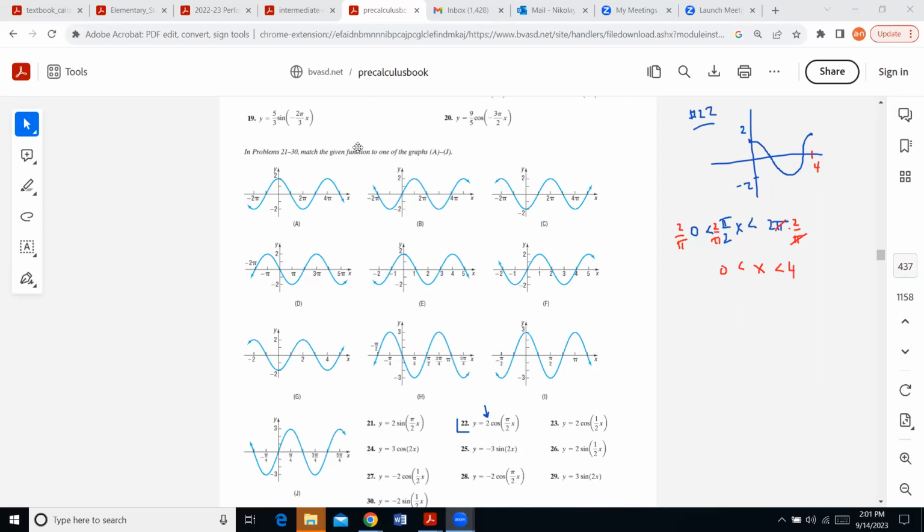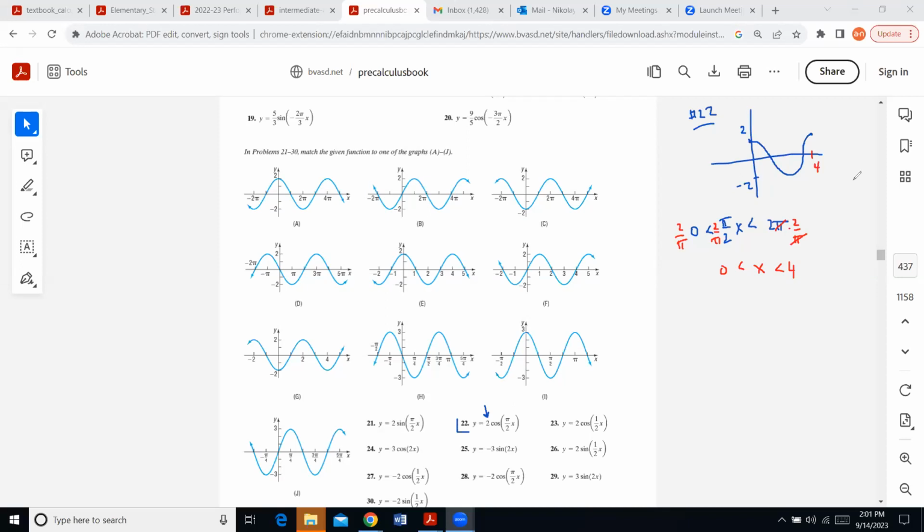So once I have a picture, then it starts to make sense to find its matching graph, and looks like they all have a negative and positive 2 along y-axis.